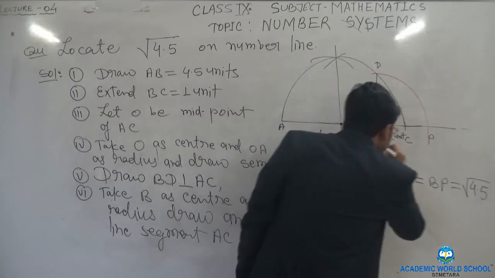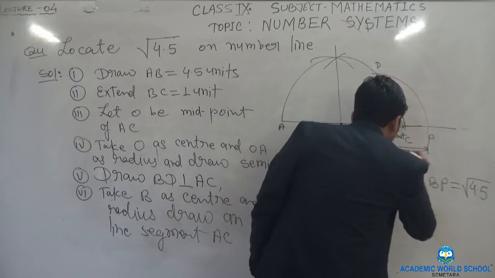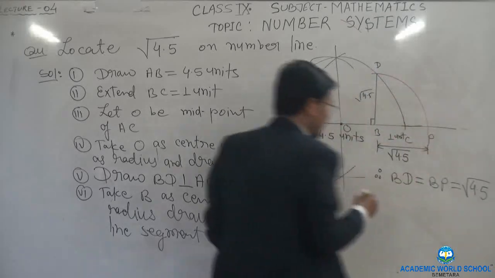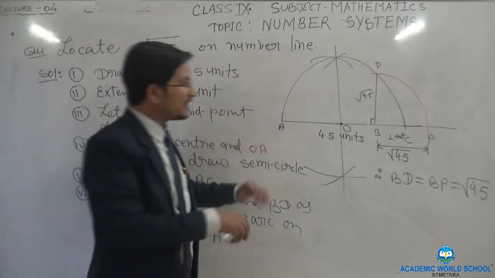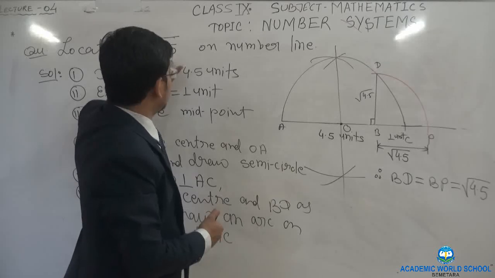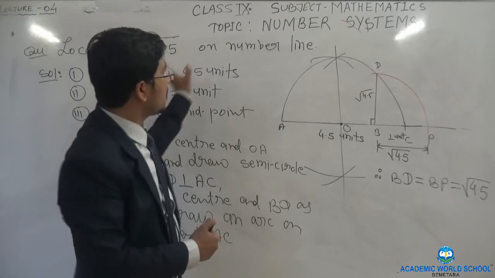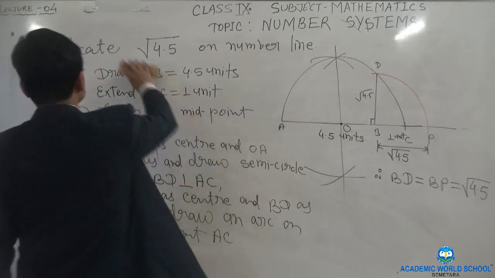So from this point to this point, this length is representing root over 4.5. So in this way we have to represent this type of numbers on the real number line.